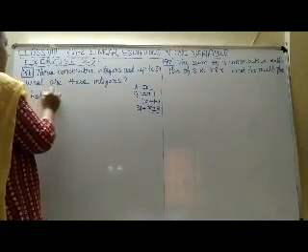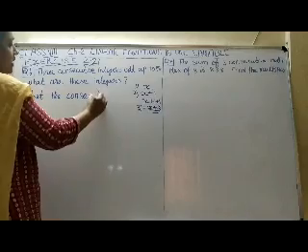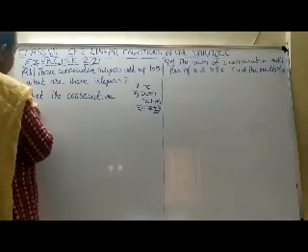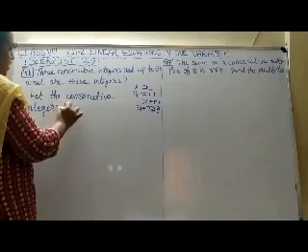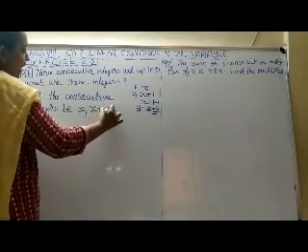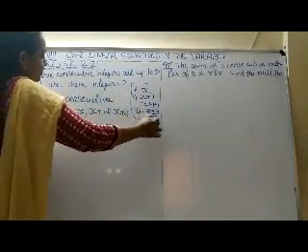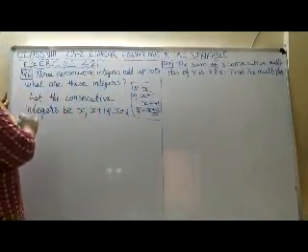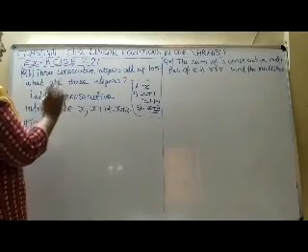So let the consecutive integers be x, x plus 1 and x plus 2. According to the question, if we add these three numbers, we get 51.